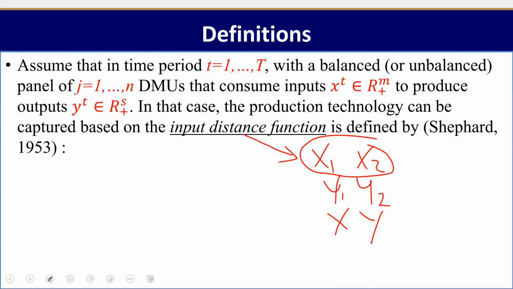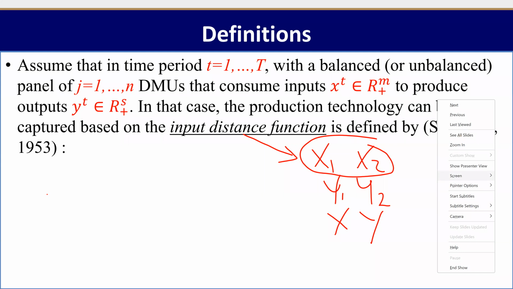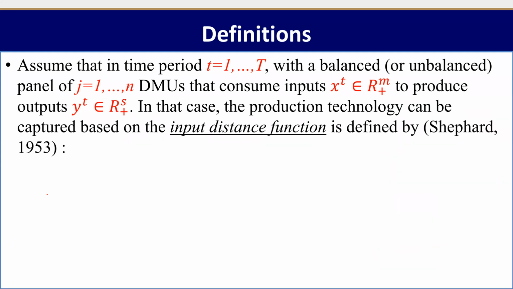So we are defining the production technology in an input distance function. So I'm about to write the input distance function. What is the input distance function? How do you define that? Okay. Now, let me show you the mathematical. And again, if you don't understand the slightest thing about the mathematical jargon, let me know.